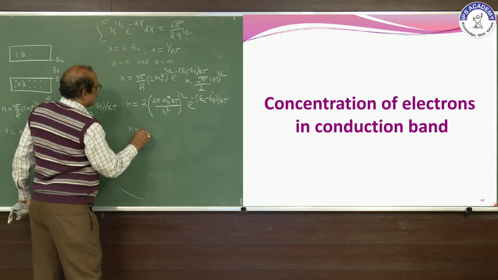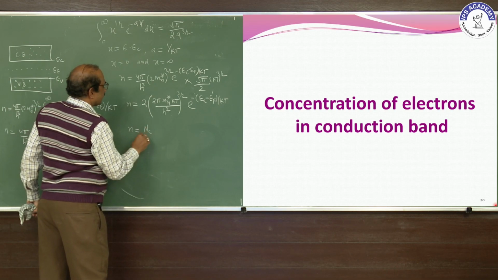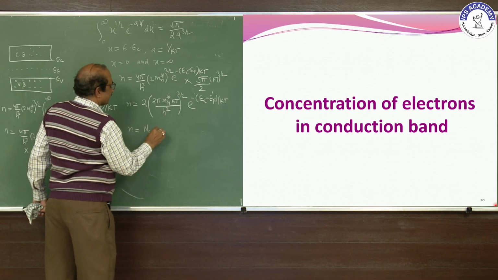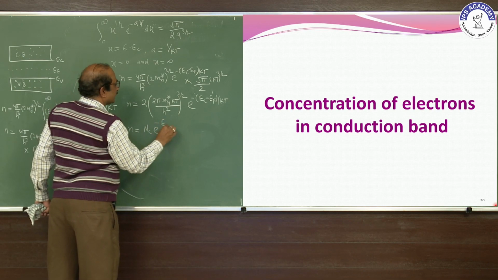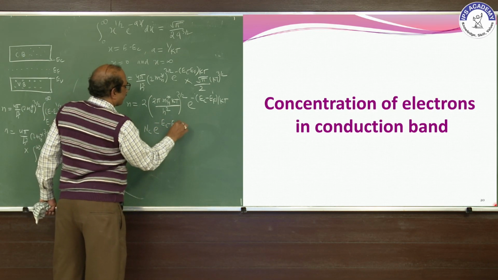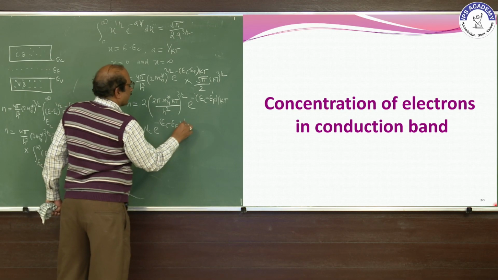Or we can write it as n equal to Nc e to the power minus (Ec minus Ef) by kT.